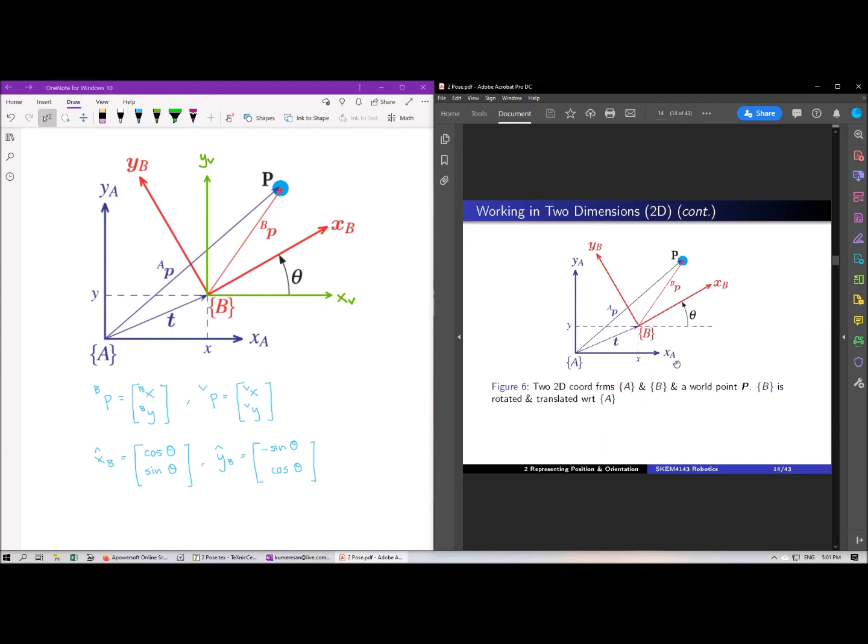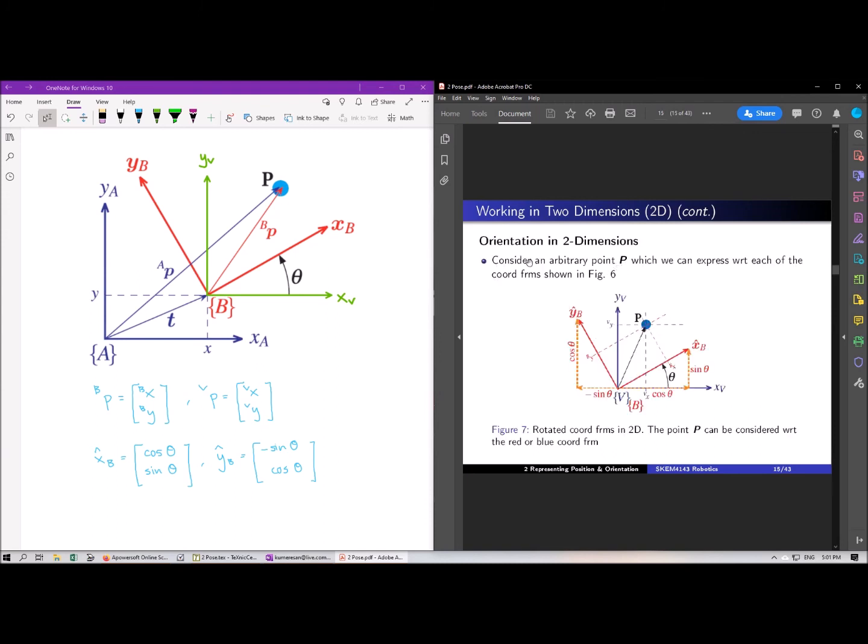So this is point P, and P can be described with respect to the B coordinate frame. We call it PB, as shown by this arrow, and the components will be XB and YB.